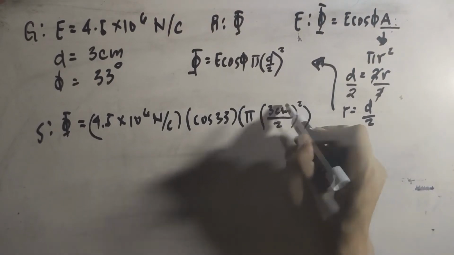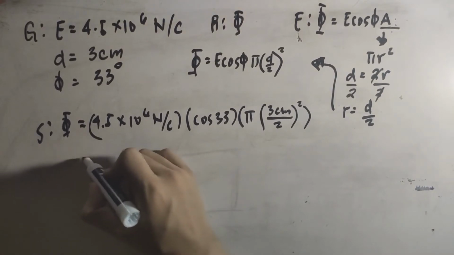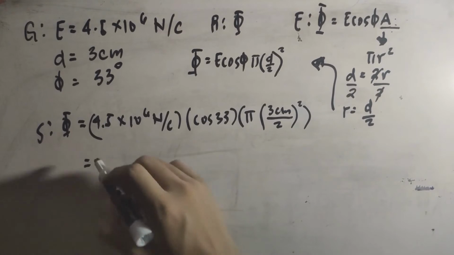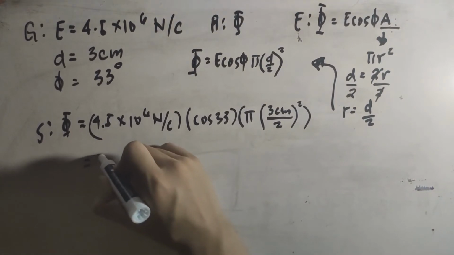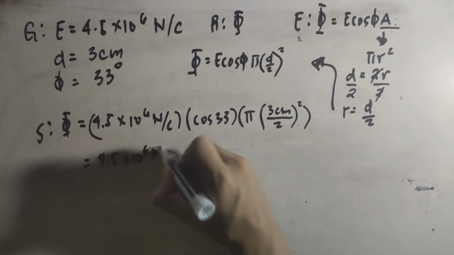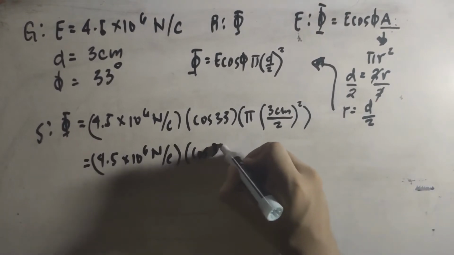So first, let's operate on the centimeters by converting it to base SI. So that would be in meters. Okay, so write the equation. So times 10 raised to 6 newtons per coulomb times cosine 33.